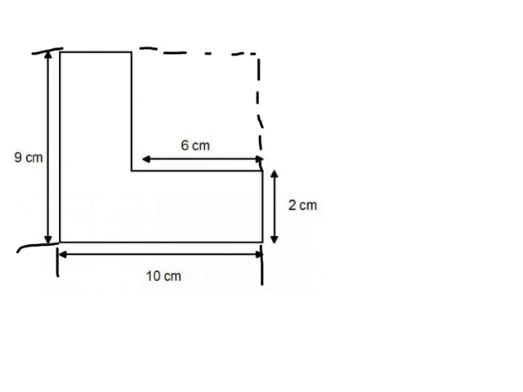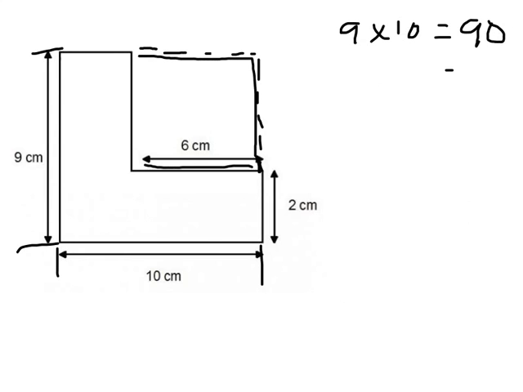So if it were an entire rectangle, we would say 9 times 10 is equal to 90. So if it were a whole rectangle, it would be 90. But we have this little corner here that's not actually part of that 90, so we need to figure out how much it is and subtract it from 90. We know that this much from here to here is 6. We need to find out how much this is. How can we do that?